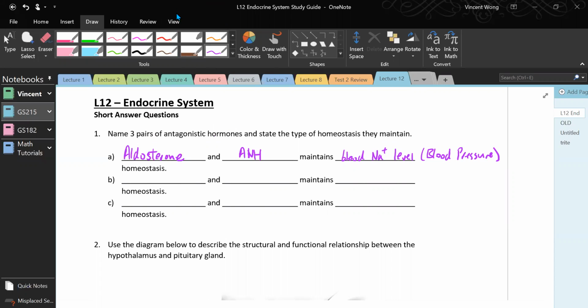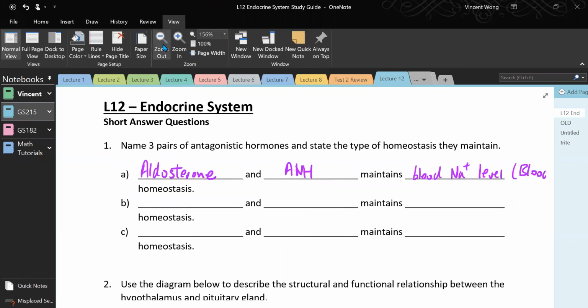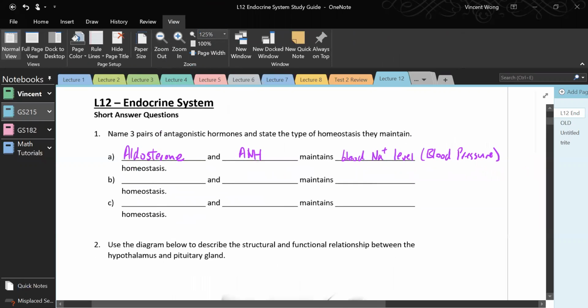Another pair that we learned 2 weeks ago, I believe, would be the calcitonin and the PTH, right? So calcitonin is released from the thyroid gland when you have too much calcium in the blood, and the opposite of calcitonin is the parathyroid hormone, which is released from the parathyroid gland, and that's going to be released when your blood calcium level is too low.